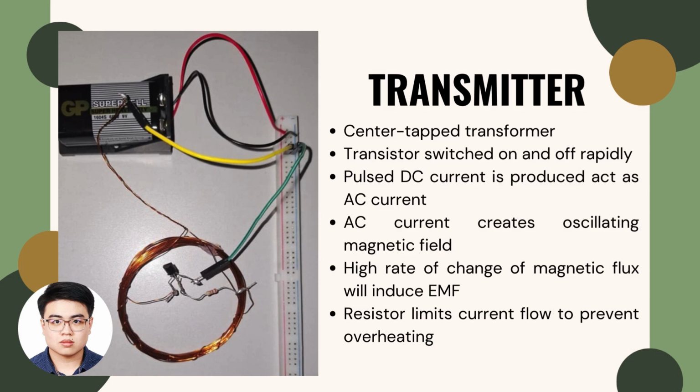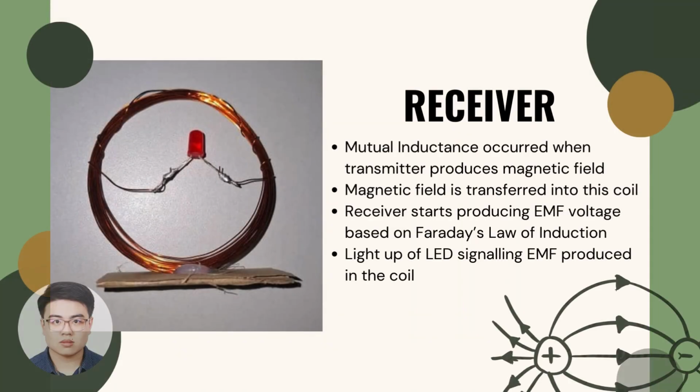This is quite important because the 9 volt VCC is quite powerful, and we need to protect the circuit and protect the transistor from burning. The oscillating magnetic field produced by the transmitter is used to induce the receiver due to the mutual inductance, and hence the receiver will produce an EMF voltage based on Faraday's law of induction.